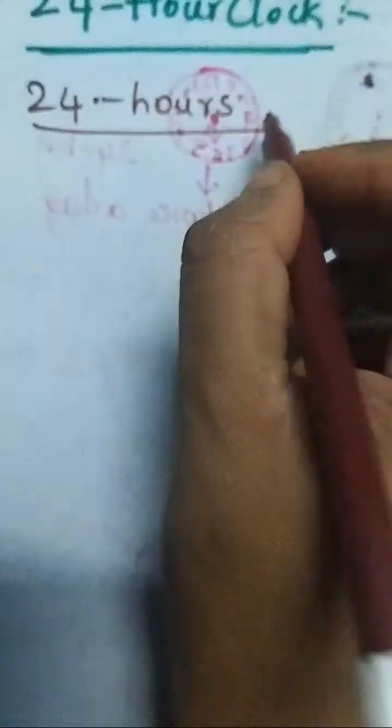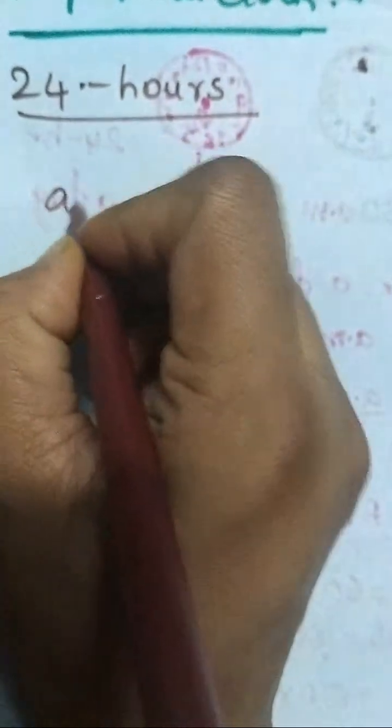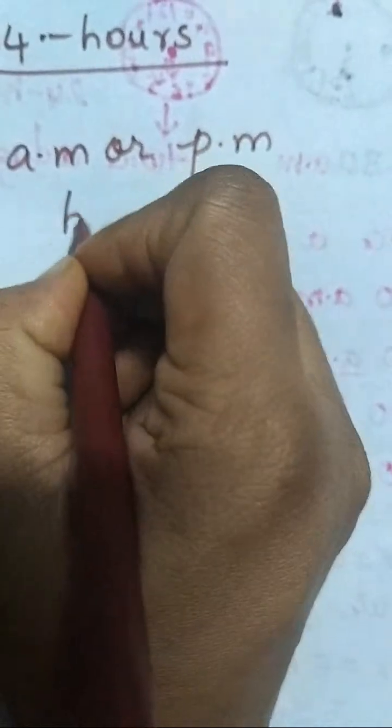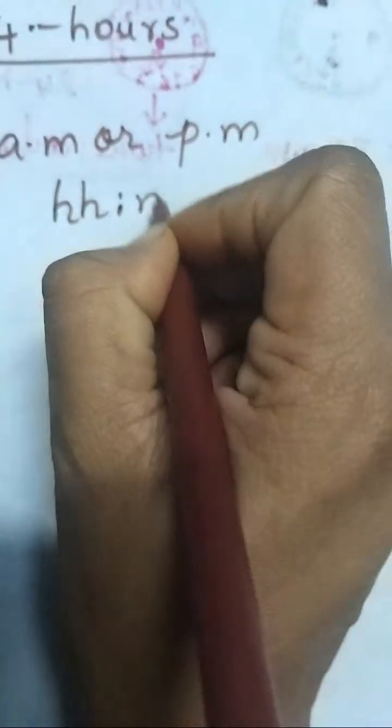We don't use AM or PM in the 24-hour clock. 24-hour clock times are denoted like this, as hours and minutes.